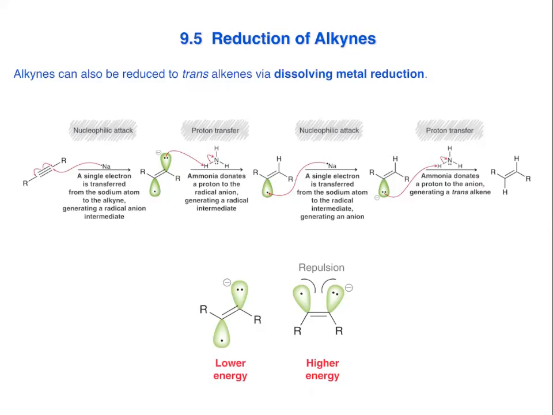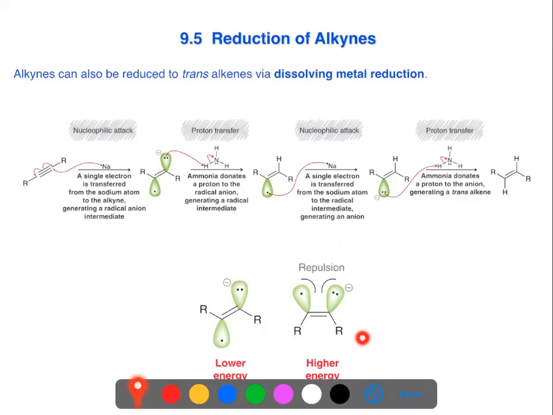We could have the radical anion where both the anionic carbon and the radical on the carbon could be on opposite sides with respect to that alkene double bond, or they could be on the same side. However, if they're on the same side of the double bond, there's significant repulsion between those two sets of electrons, or the single electron, I should say, of the radical and the pair of electrons on the anion. So this structure is a much higher energy structure, and so it's unlikely that that will form during our mechanism.